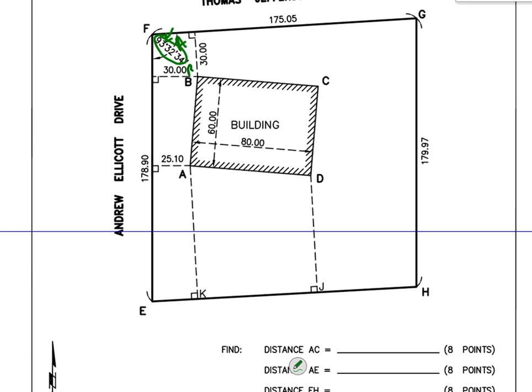I called that B, this 30.00, A and B, and I don't even see a letter C that I might have done. I must have put those in, but then I started working over here, because I did it as a student. So what I did is I drew in this diagonal.